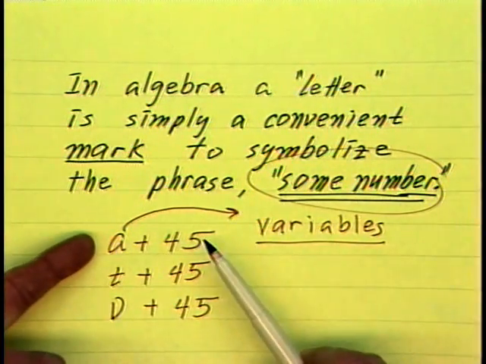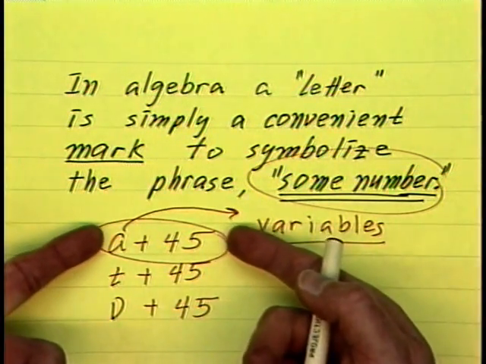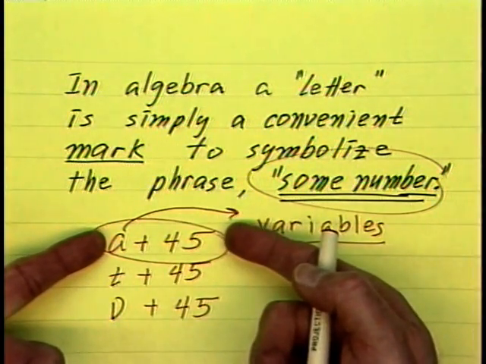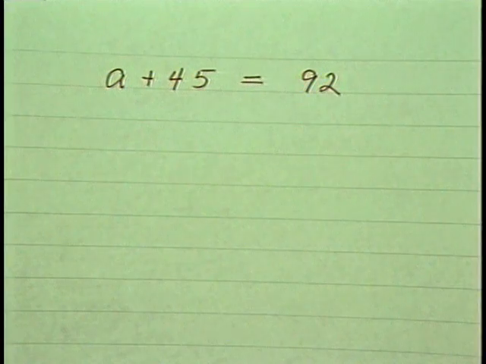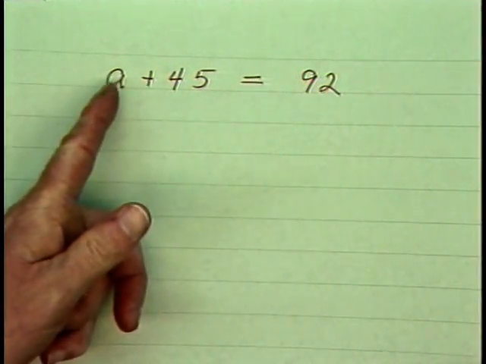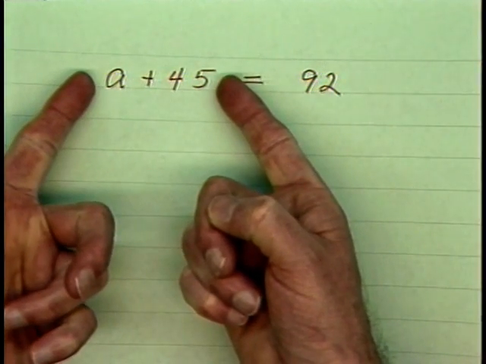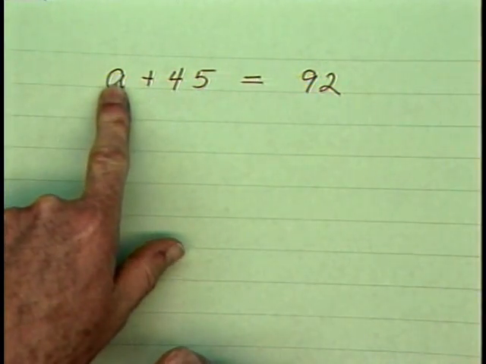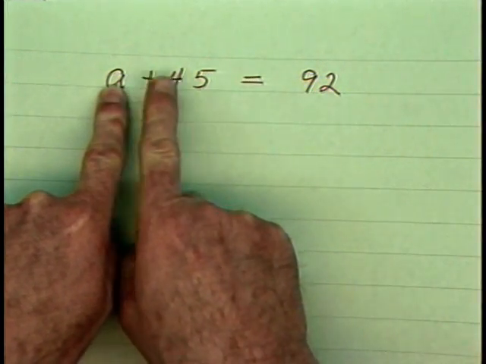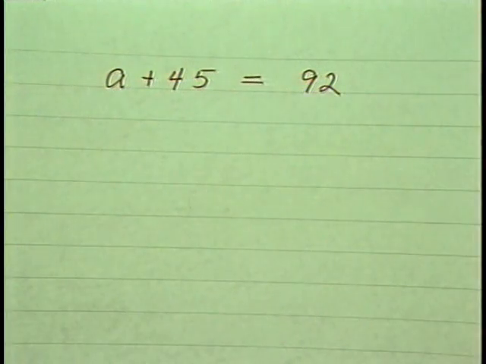If, however, I take an algebraic expression for a single number, this is the result of an addition called a sum, and if I make an algebraic sentence like this, then we could, in a sense, figure out what A is, because now we're claiming something about this sum. We're saying, look, I have some number. If I added 45 to it, it would be 92.